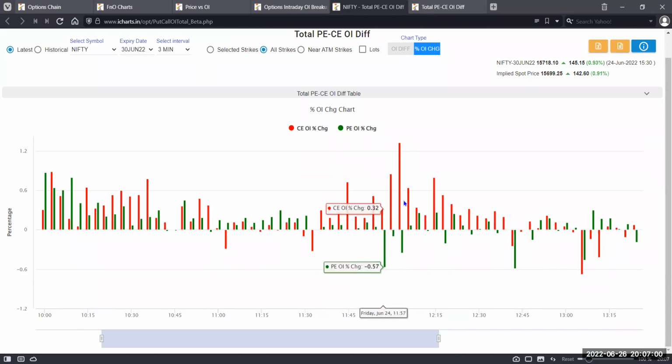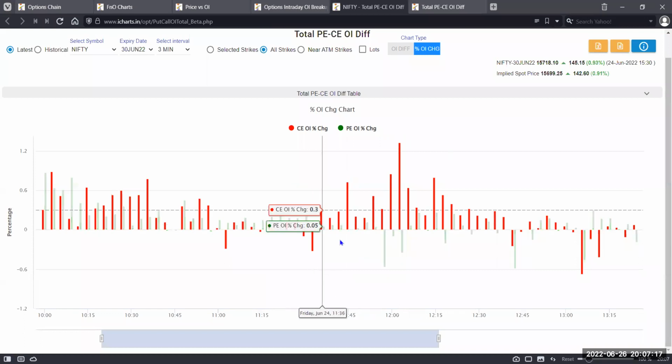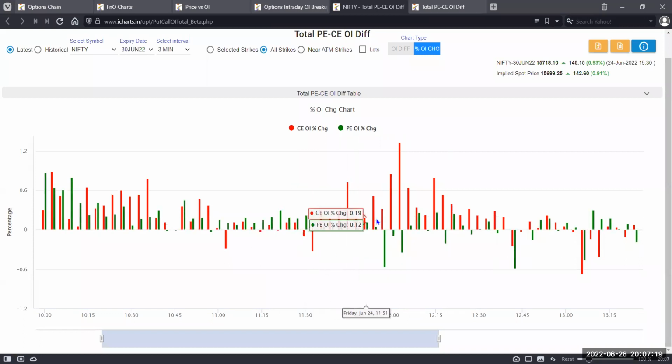And it'll also confirm if that move is really strong or not. So buildup is important, but unwinding will tell you if there is any counter move coming in, or whether the move in the direction is going to go on ahead. So it will tell you the strength of the ongoing move also.